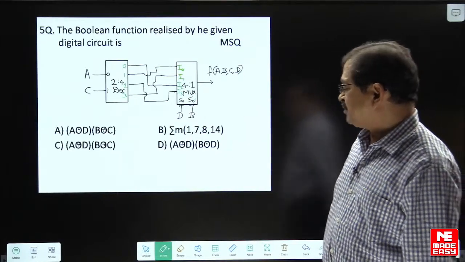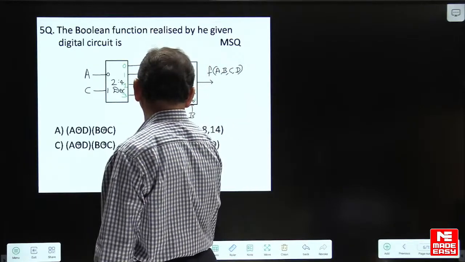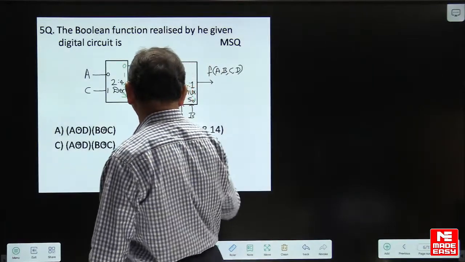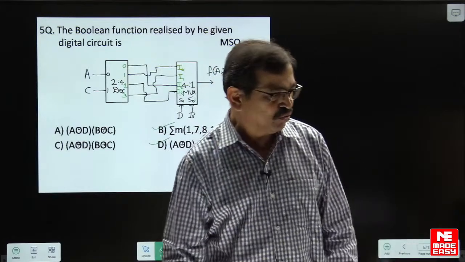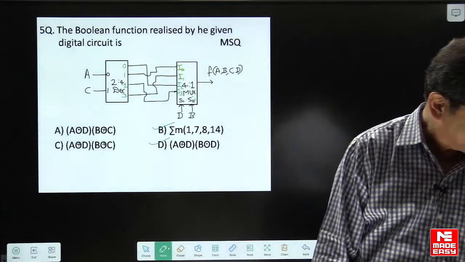Of course, it is also an MSQ question. If you try well, the answer to this question is option B and option D.